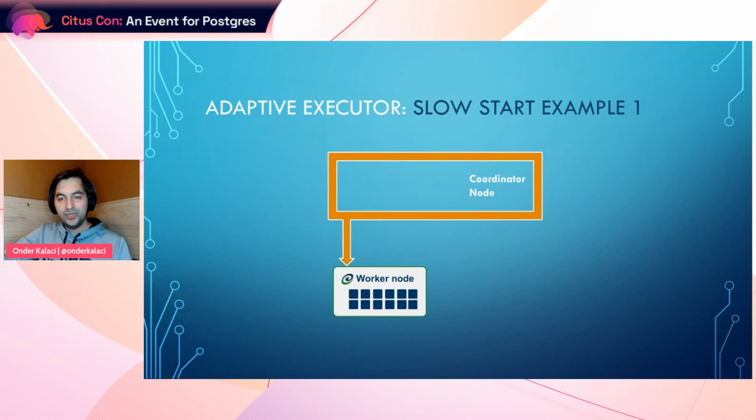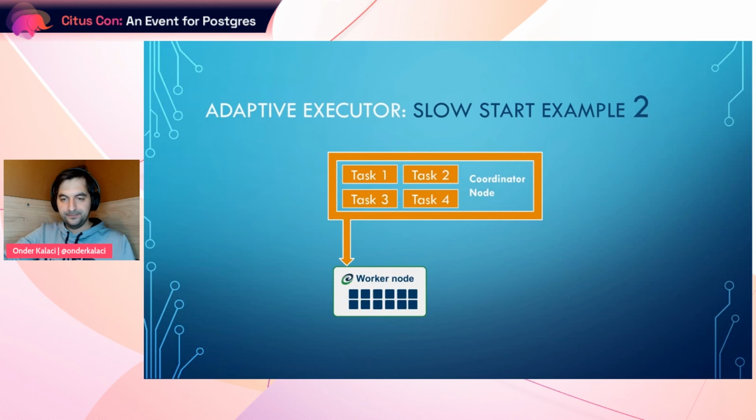So in this example, the executor does not need to establish new connections, which is really useful especially in a highly concurrent environment, because we are just talking about one session in this example, but there are multiple concurrent sessions running multiple distributed queries. So we should refrain from establishing too many connections.